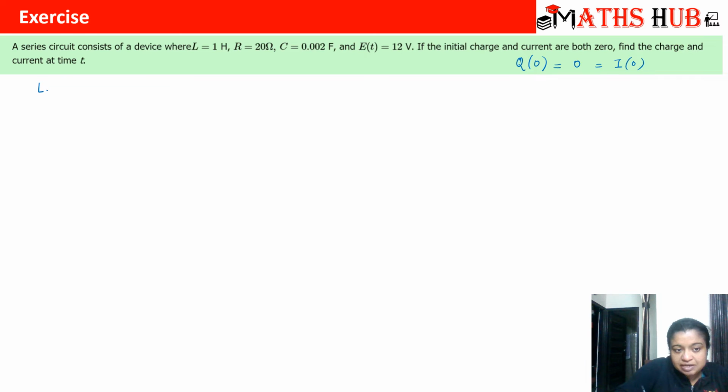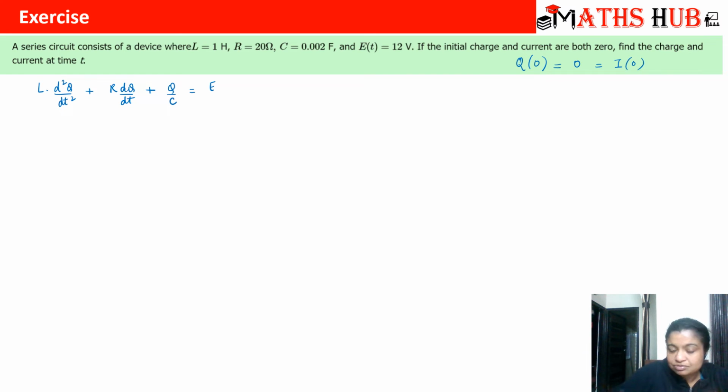So the equation says L d2q by dt square plus R dq by dt plus q by C is equal to E. This was the first equation that we had, right?